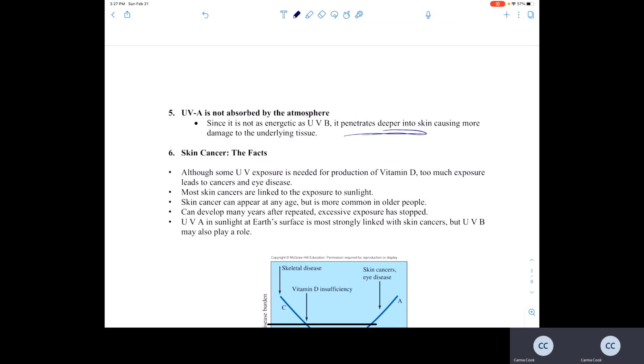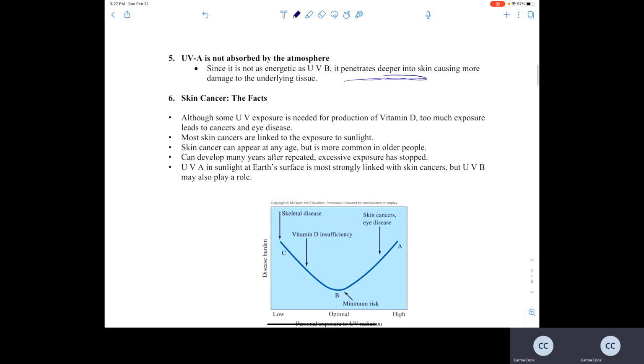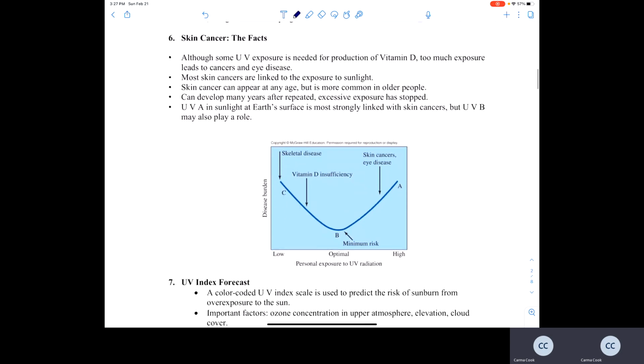UVA in sunlight at our Earth's surface is most strongly linked with skin cancers because of its deep penetration into layers of the skin, but UVB also plays a role because of its high energy impact on the skin and breaking of DNA bonds.